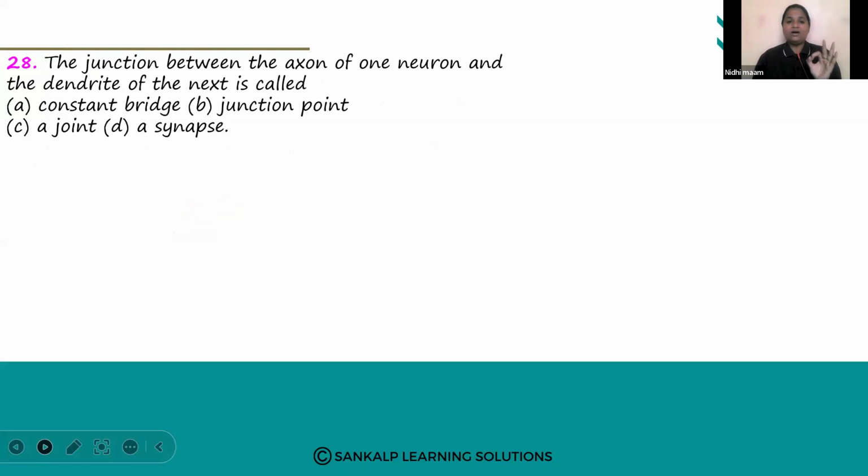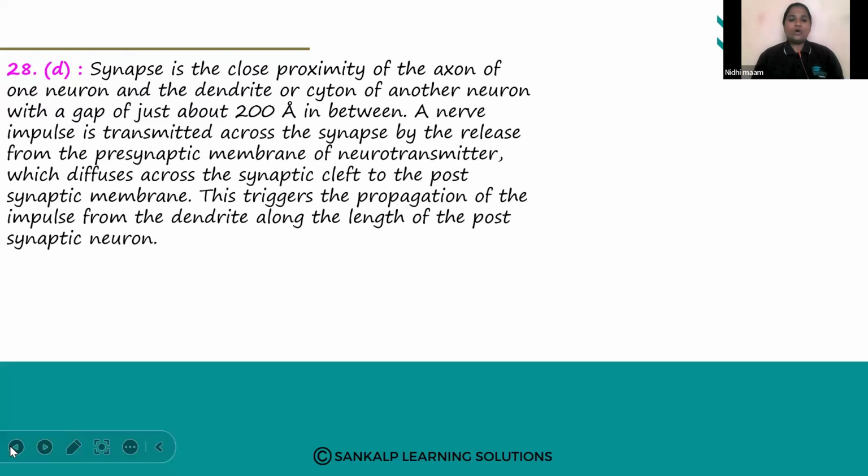A constant bridge, a junction point, a joint, a synapse. So here it is called a synapse.